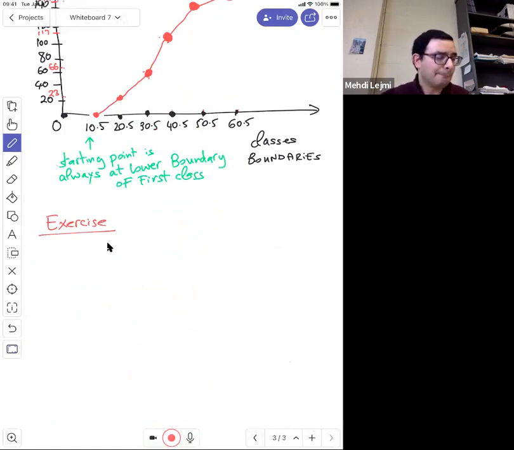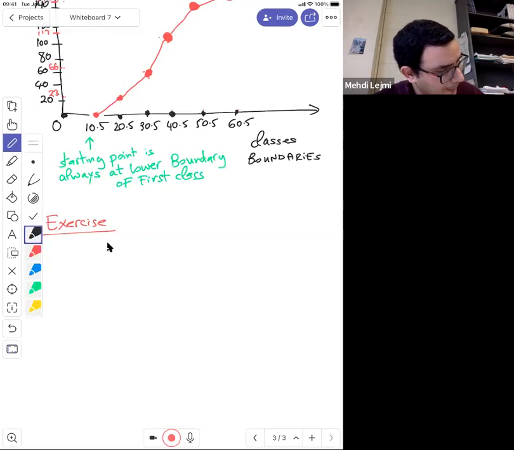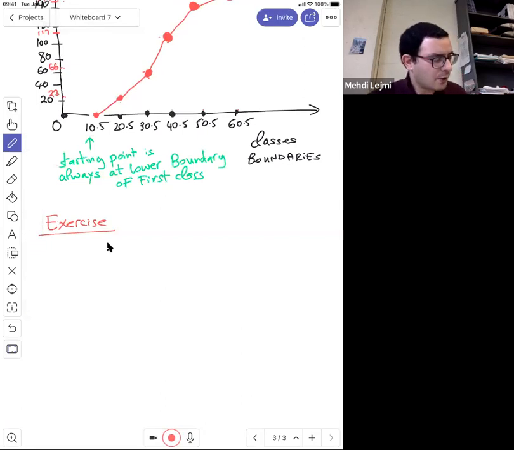On Wednesday, I'm not sure if I'm going to go over this, but we'll see. So in this exercise we're going to have the histograms, ogive, everything. Let's say we have a college department.